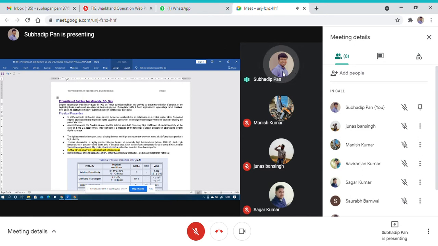Now we will consider the temperature parameter of SF6 gas. Thermal dissociation of highly purified SF6 gas begins at an extremely high temperature, at about 1000 K. Such high temperature in power systems occurs only in electrical arcs.